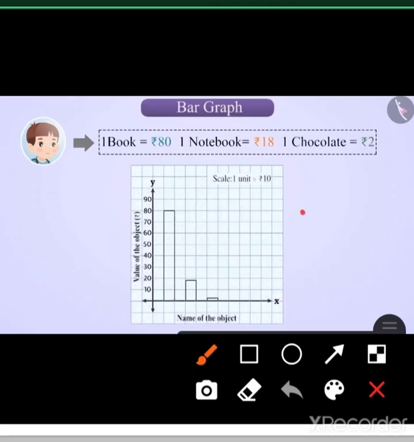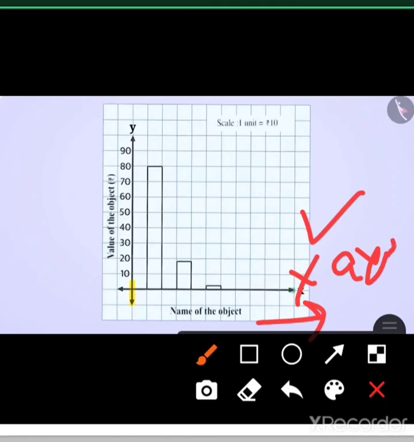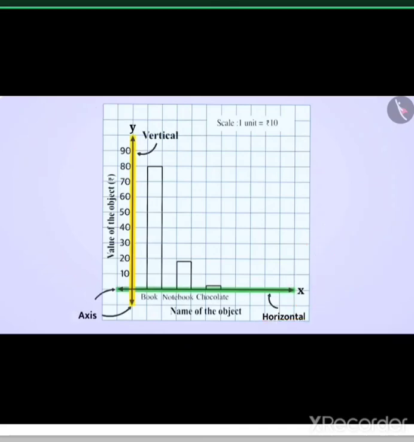So this is a bar graph where there are two axes. The horizontal axis is the x-axis and the vertical is the y-axis.